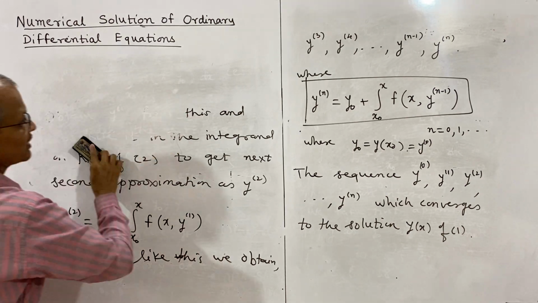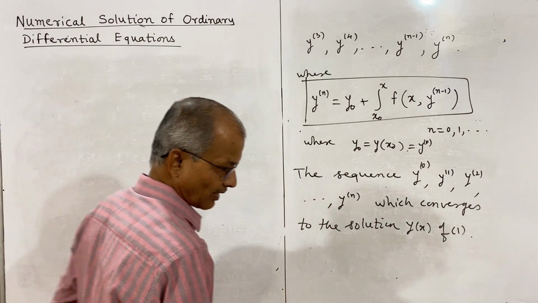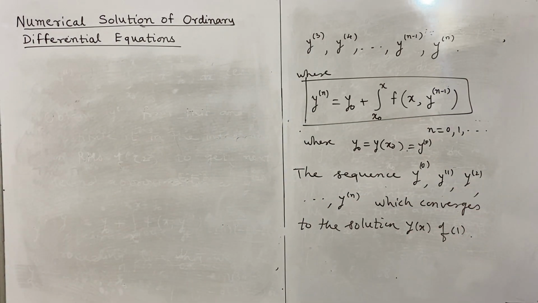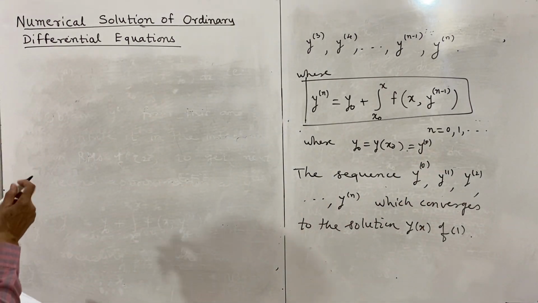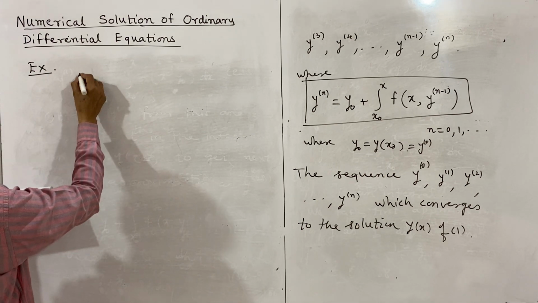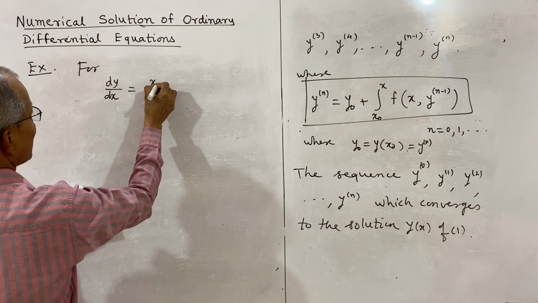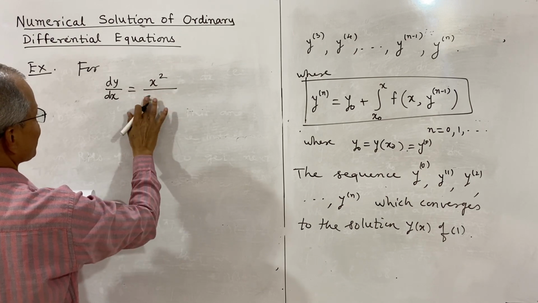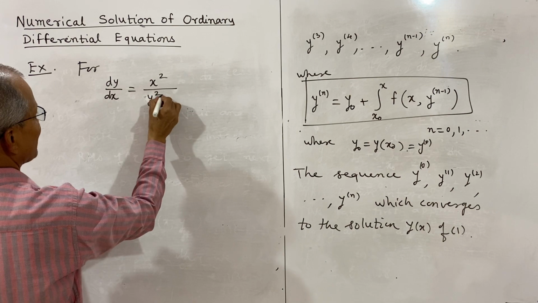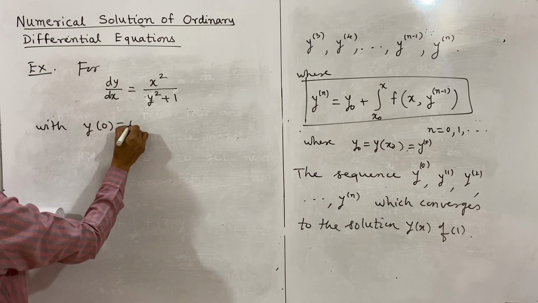Now we shall solve a problem on it. So I shall write a problem here. Problem on Picard's method: given the differential equation dy by dx is equal to x square divided by y square plus 1, with the initial condition y0 is equal to 0.